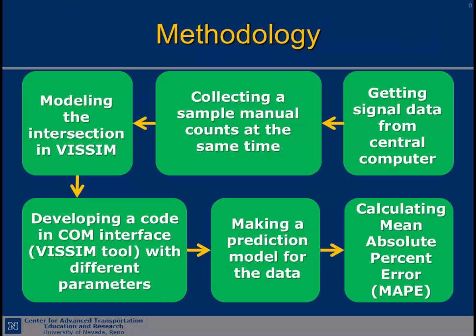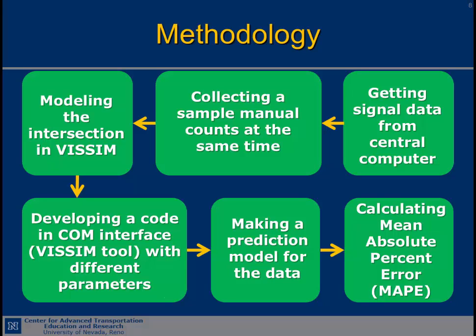The proposed methodology is that first we get signal data from the central computer, and at the same time we collect manual counts for a pilot period. Then we model the intersection in VISSIM for changing the volumes.